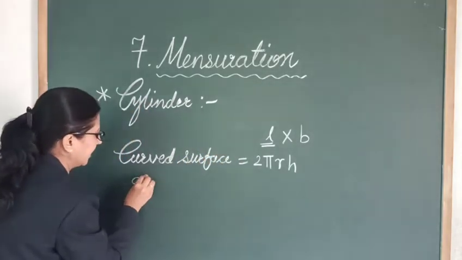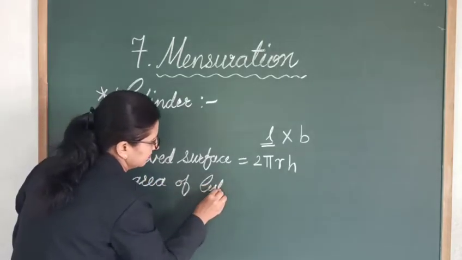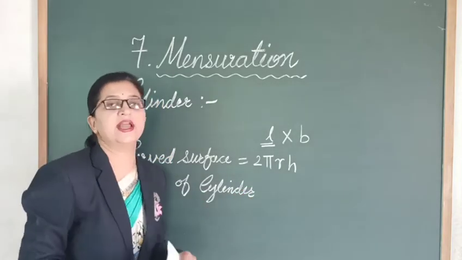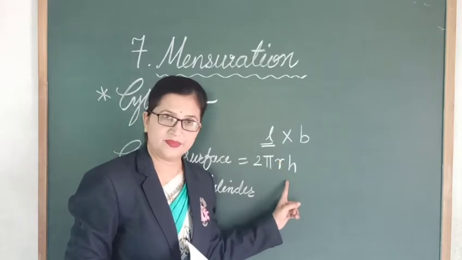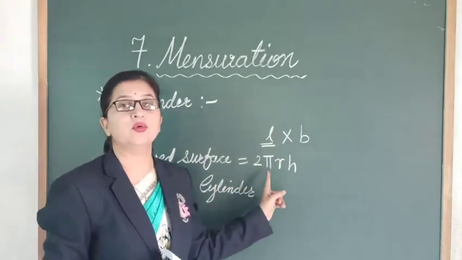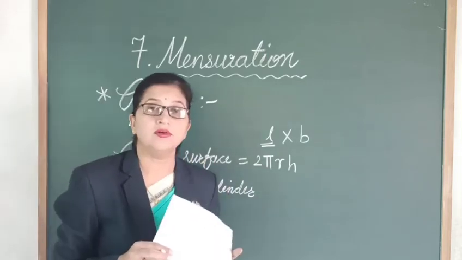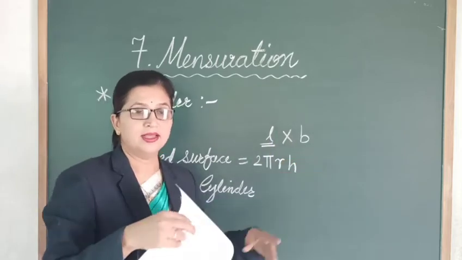Curved surface area of cylinder is equal to 2 pi r h. I hope it's clear to you how this formula came. That is length into breadth.